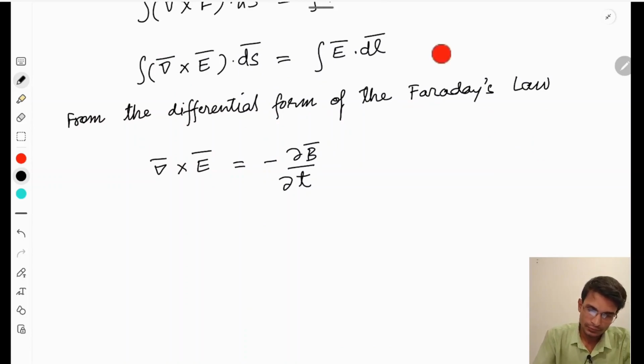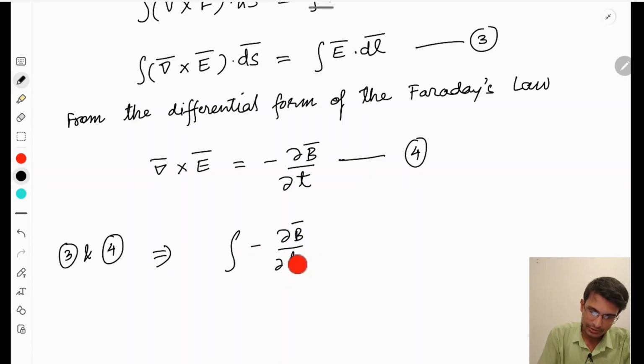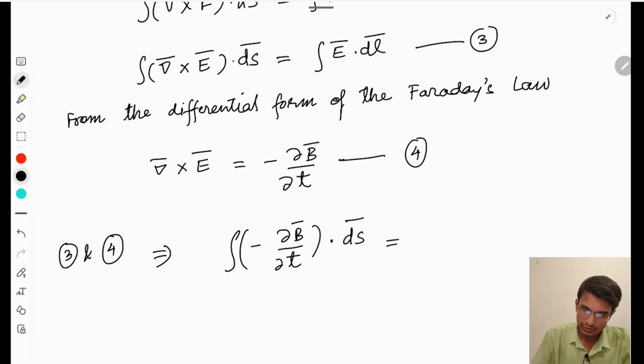So let's give this equation number 3, and let's give this equation number 4. So from equation number 3 and equation number 4, we will get integral of minus del B by del T dot dS is equal to E dot dL.